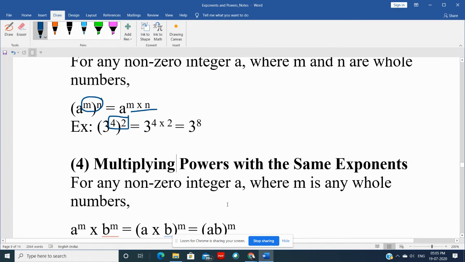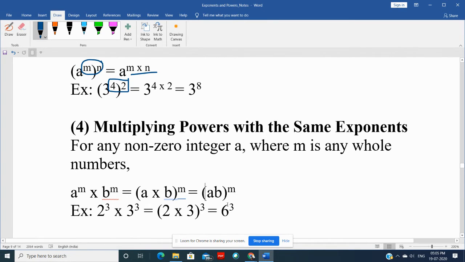Next is multiplying powers with the same exponents. Till now we have seen the same base. Whenever there is the same base in multiplication, we add the powers. But in this case, the bases are different but the powers are the same. See here, a raised to m into b raised to m. You can see that these powers are the same, both are m.